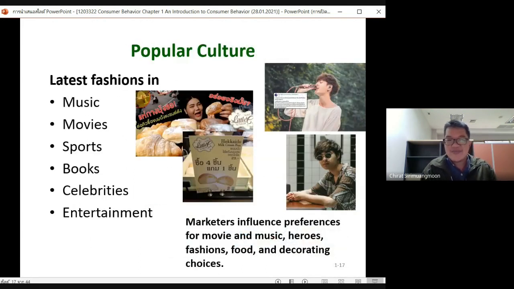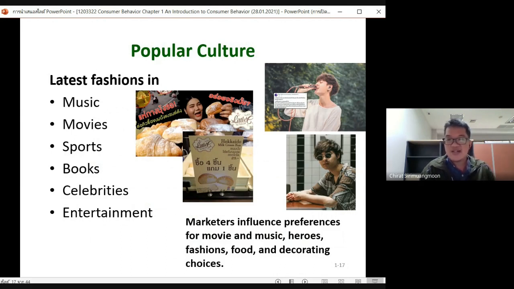We call this consumer generated content, the content generated by consumers. Here are examples of popular culture at this time. I think the first picture is the brand named Little C. Many people wait in a long line for this type of bread, so this can be popular culture for this time.